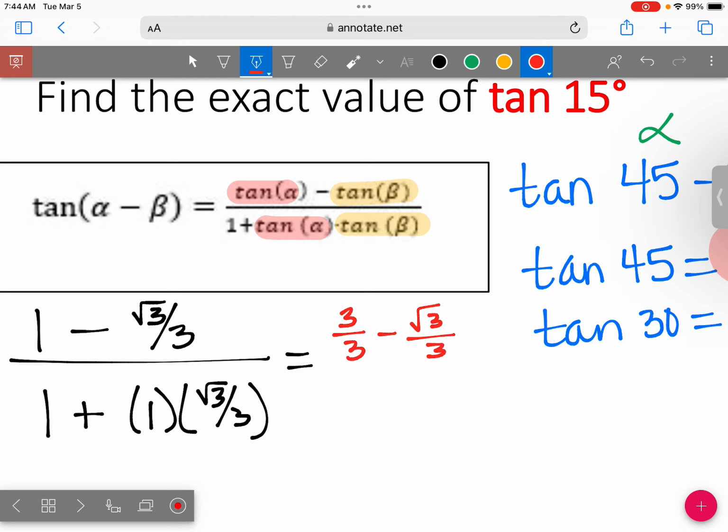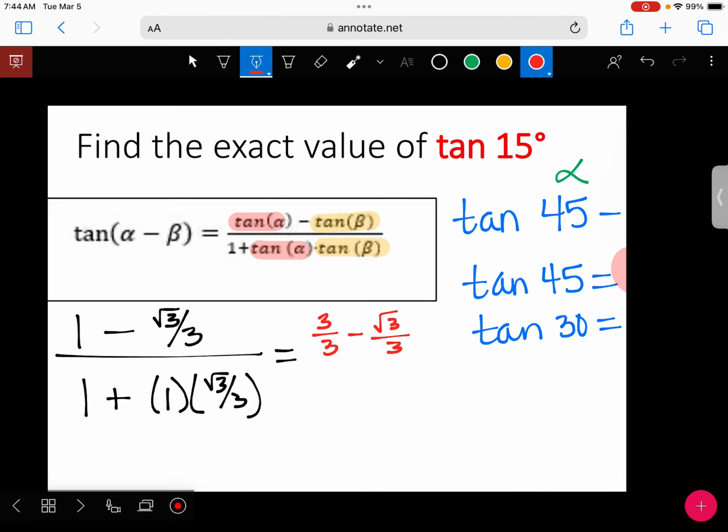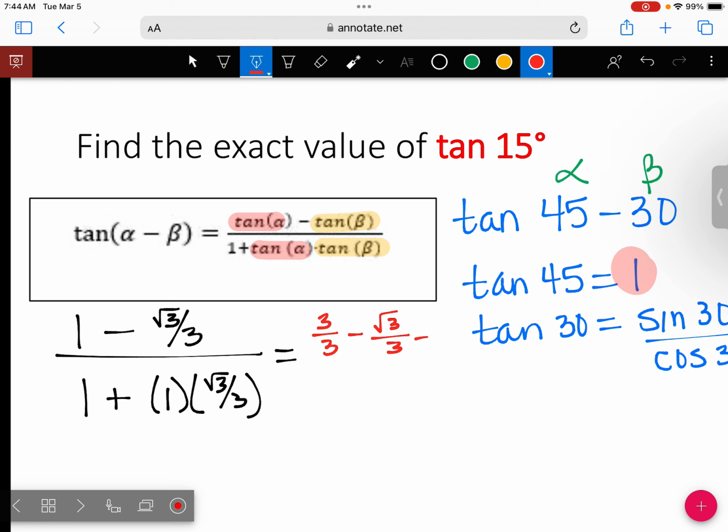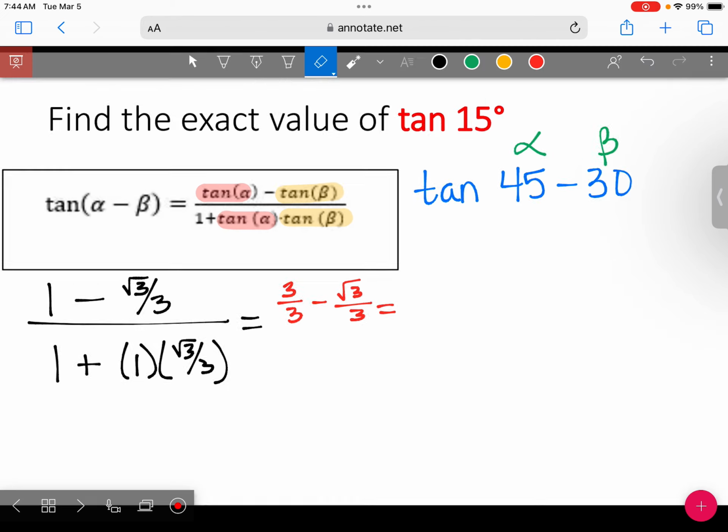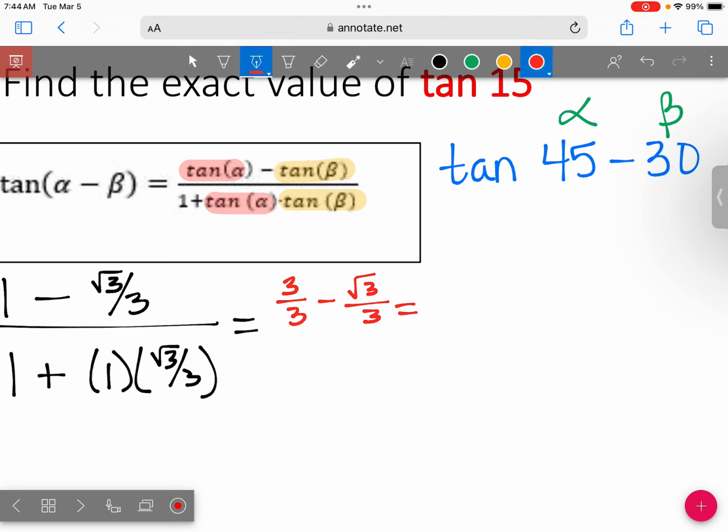Do you agree that 3 divided by 3 is the same thing as 1? I'm just writing it so I have a common denominator. So my numerator is just going to end up being 3 minus root 3 over 3. So we're going to let that cook on the stove.